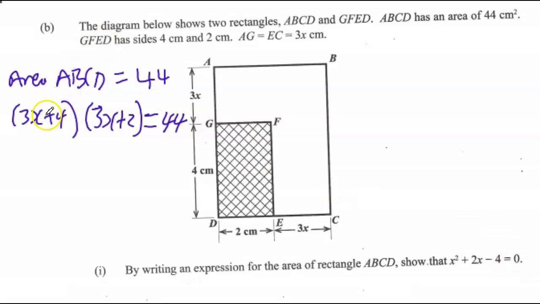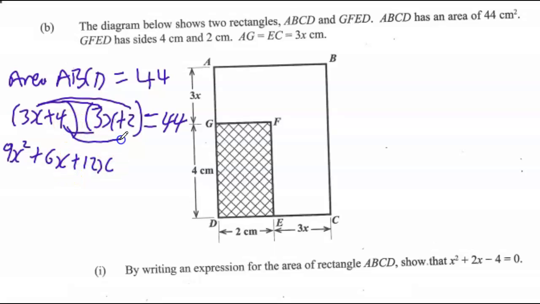Let's simplify. So we expand. 3x times 3x, that's 9x squared. And then 3x times 2, that's 6x. Take the 4 now, 4 times 3x, that's 12x.